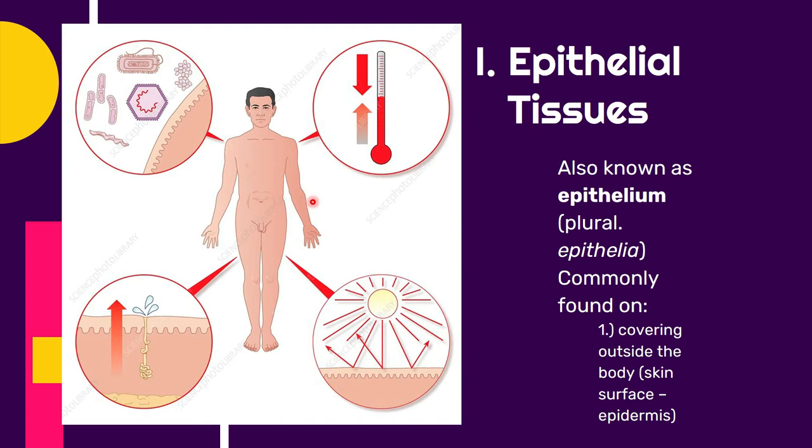So if there are changes in our external environment, like the temperature, our body will adjust. If it is very hot, we sweat to cool down our body. And if it is very cold, we shiver.